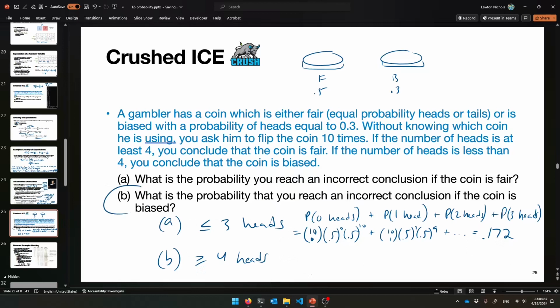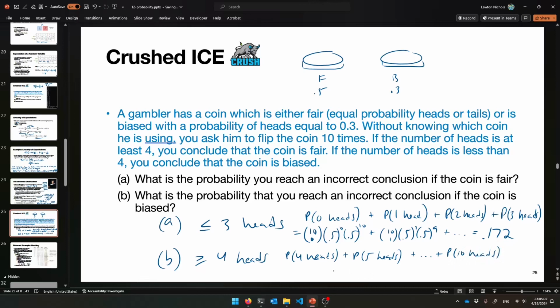Okay, so that's where you're going when that's happening. And then for the flip side, let's say that you thought it was fair, like you saw at least 4 heads or more, but the coin really was biased. So what's the probability that you saw greater than or equal to 4 heads with the biased coin? So that's the probability that you saw 4 heads with the biased coin, or 5 heads with the biased coin, all the way to at most, the maximum, 10 heads with the biased coin. It's very unlikely, but it's possible.